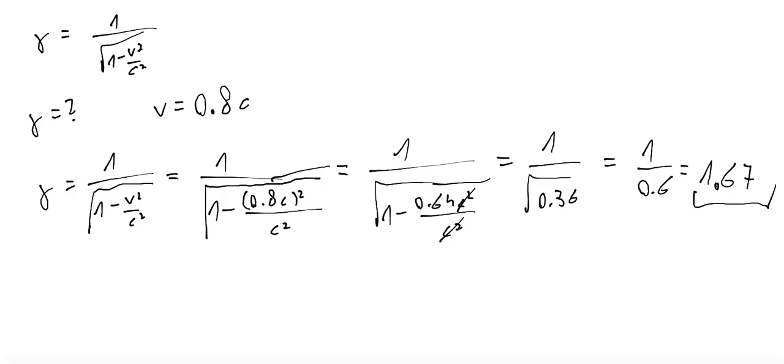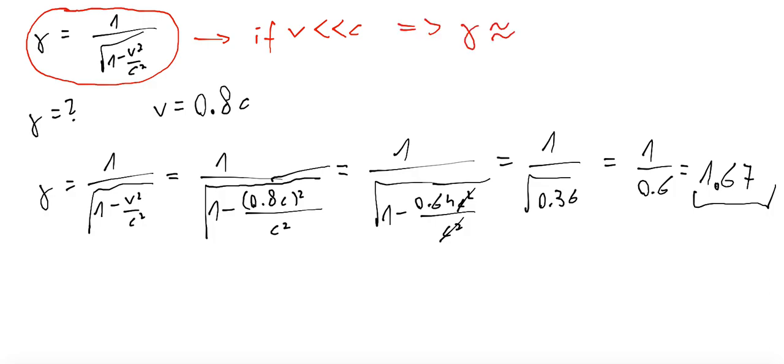Okay, look at this. What is the conclusion? The conclusion is that for small speeds the Lorentz factor is 1. So if speed is really small, like your car speed, 100 kilometers per hour, or your PE teacher who is running 8 meters per second, maybe 9 meters per second, yes?